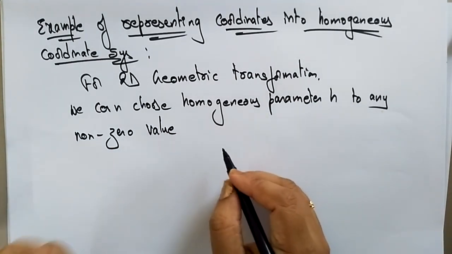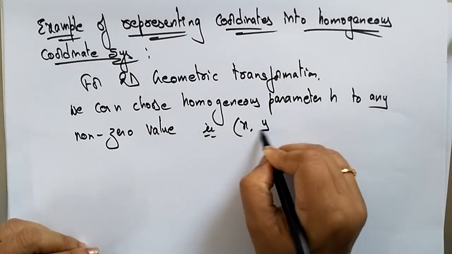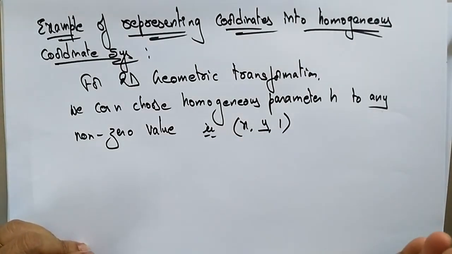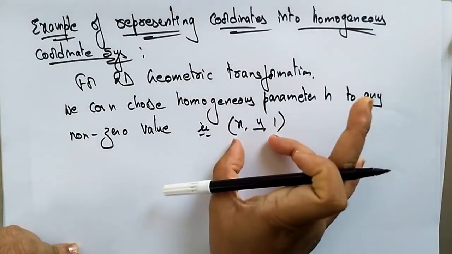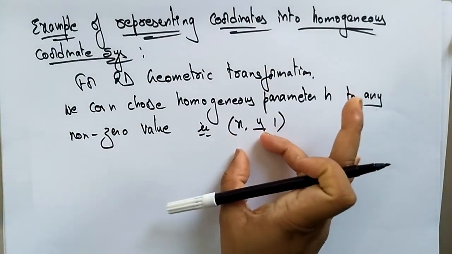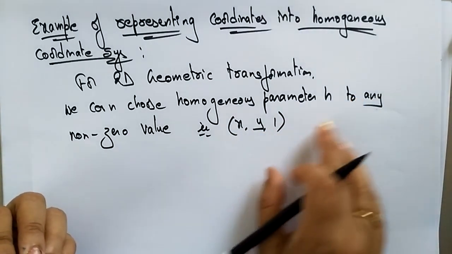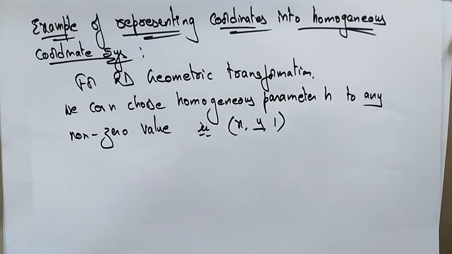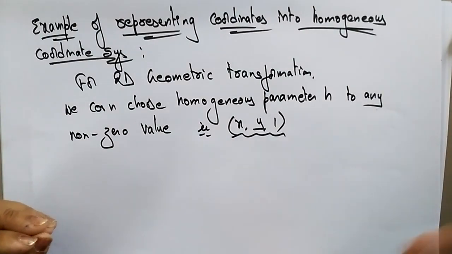For example, take it as 1, that is x, y, comma 1. So this is a homogeneous coordinate system with a triplet. x, y are the 2D coordinates and 1 is the homogeneous parameter h. So each two-dimensional position is then represented with a homogeneous coordinate x, y, 1.